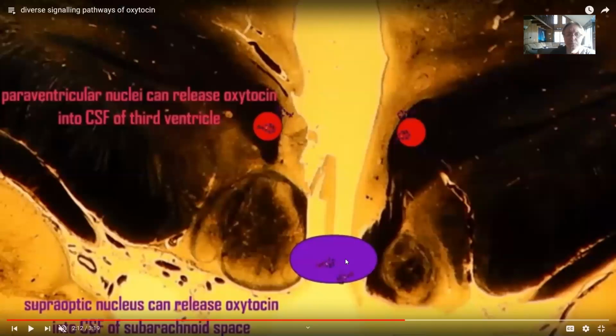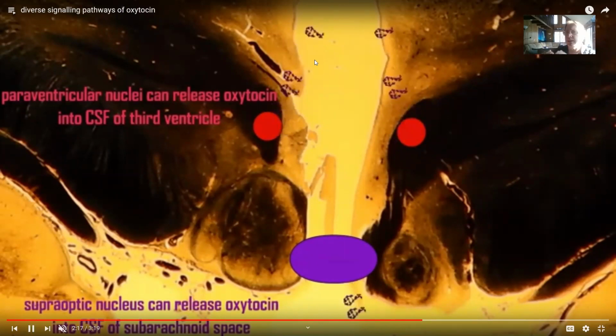And then finally, the supraoptic nucleus can make oxytocin that goes into the cerebrospinal fluid. Once it goes in the cerebrospinal fluid, I'm sorry, the paraventricular nucleus can make that as well, then it can now travel throughout the brain and affect neurons. And these are different.